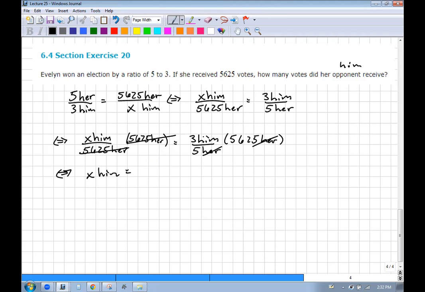All I need to do is multiply 3 times 5,625. Divide by 5. And I get 3,375 him. Of course, I can divide both sides by him, if you want, right? And so X is 3,375, right?